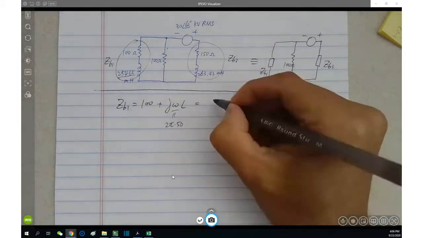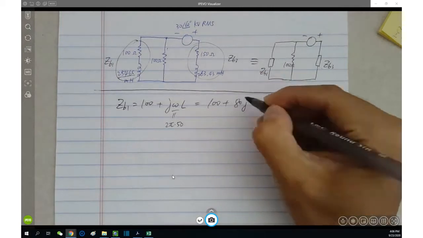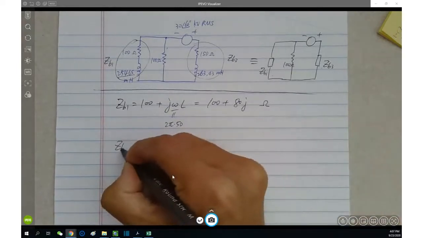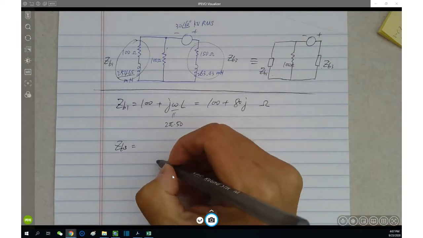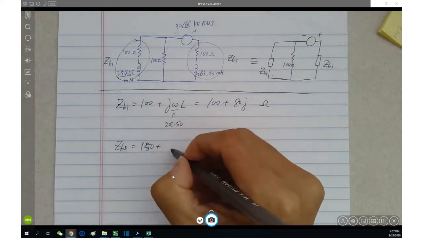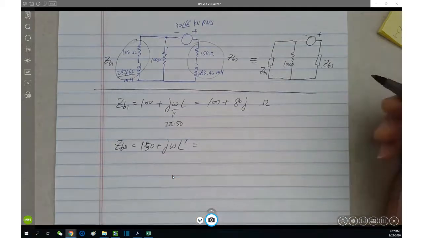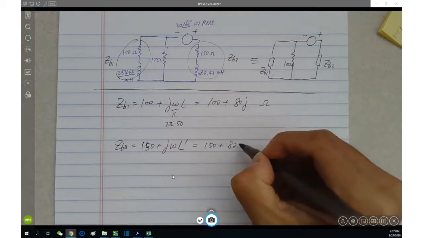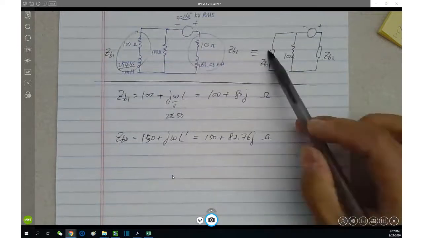So the answer is 100 plus 80j. Similarly, ZB3 equals 150 plus j omega times another inductor, and you end up with 150 plus 82.76j. That's two impedances in the circuit.